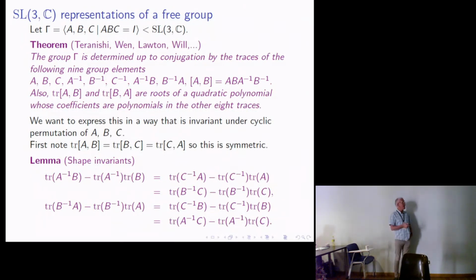The problem is we have these two which look very, very unsymmetric in terms of A, B, and C. Here's a beautiful little result which shows that if that trace, that isn't symmetric, but if I subtract off trace of A inverse trace of B, then I get the same thing with them cycled around and cycled around. If I do it the other way around, I get those things. Right? So these are 2 bunches of 3 things.